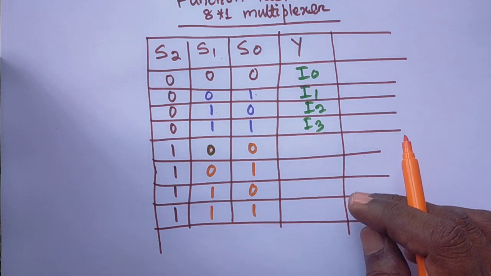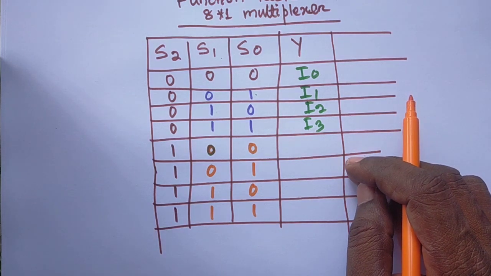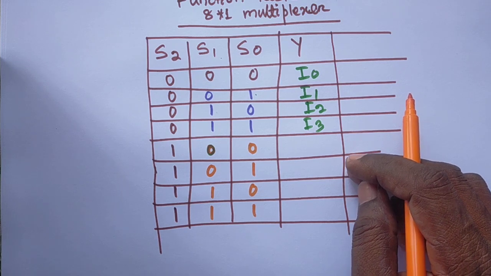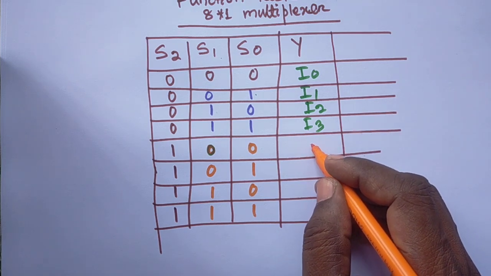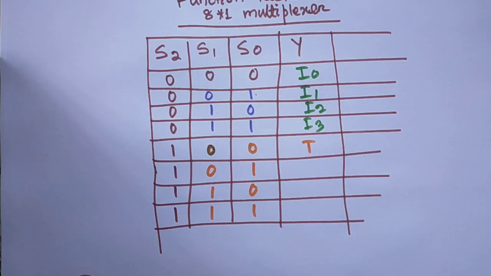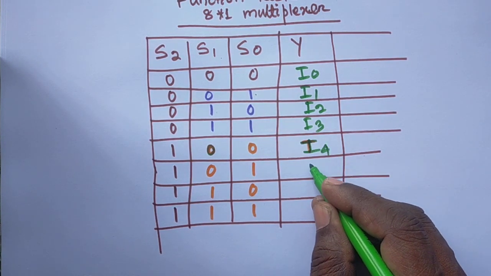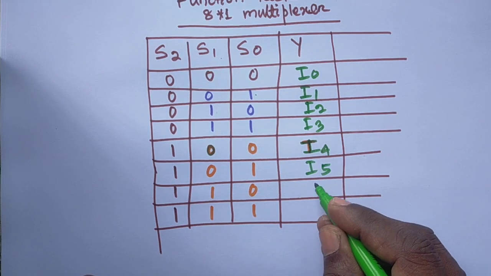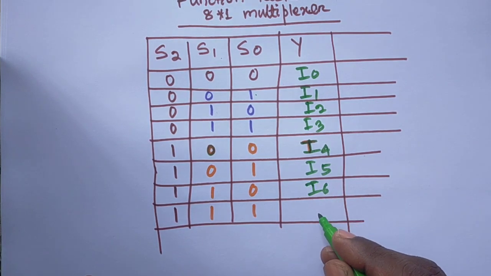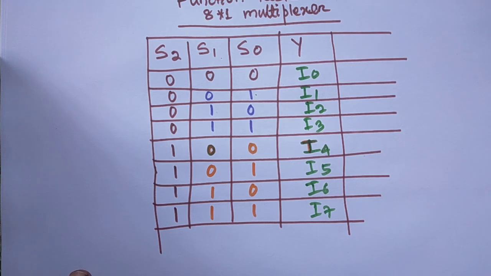In that case the result will be I4, I5, I6, I7. This 4 plus 4, 8 output, we can get in this way.